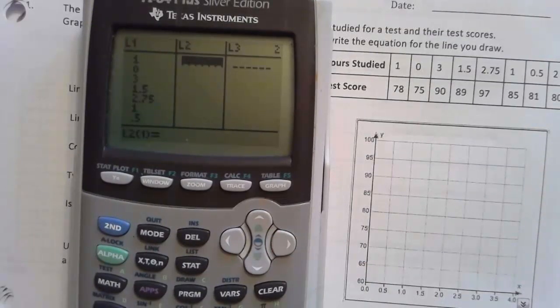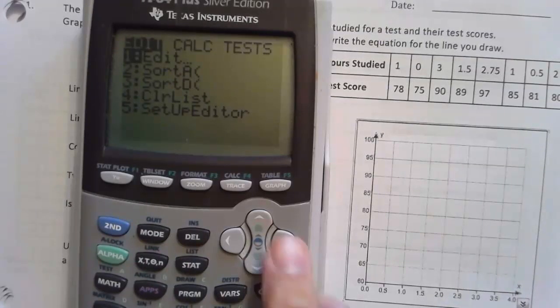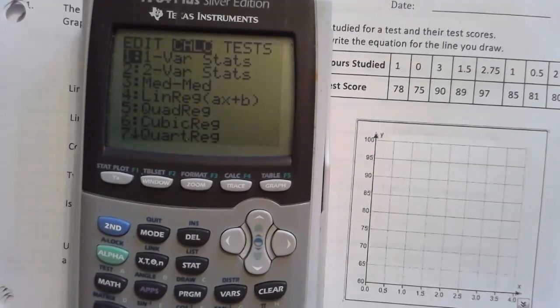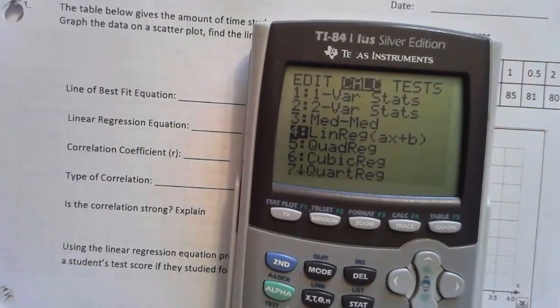And then in L2, I'm going to put the data from the second row. Then I'm going to exit out of this, go back to Stat, arrow to Calc, go down to option 4 for linear regression or line equation.